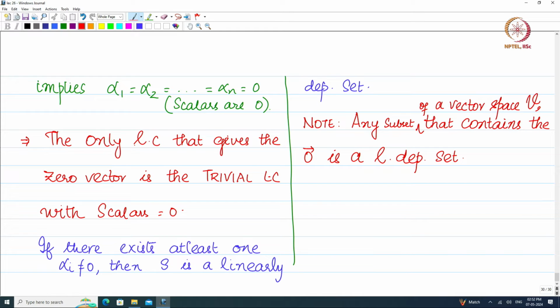So, the question is, how do we check whether a set of vectors is linearly dependent or independent? We will come to it in a bit, but before that let us make one more important observation.